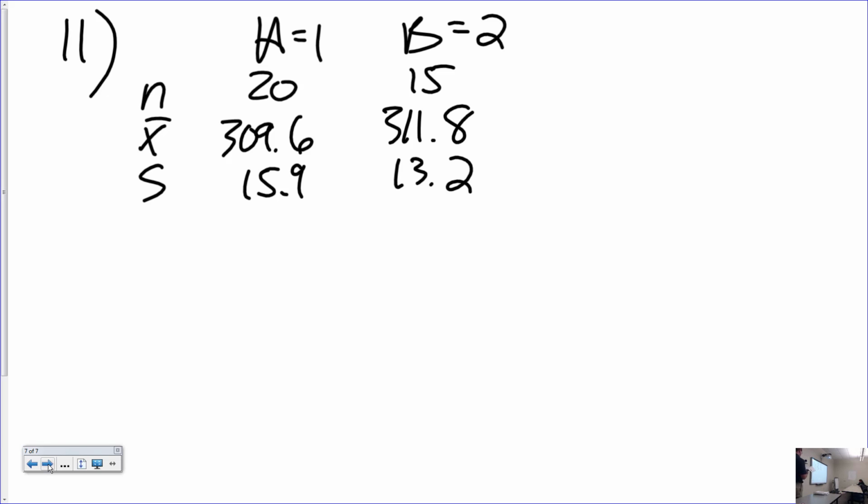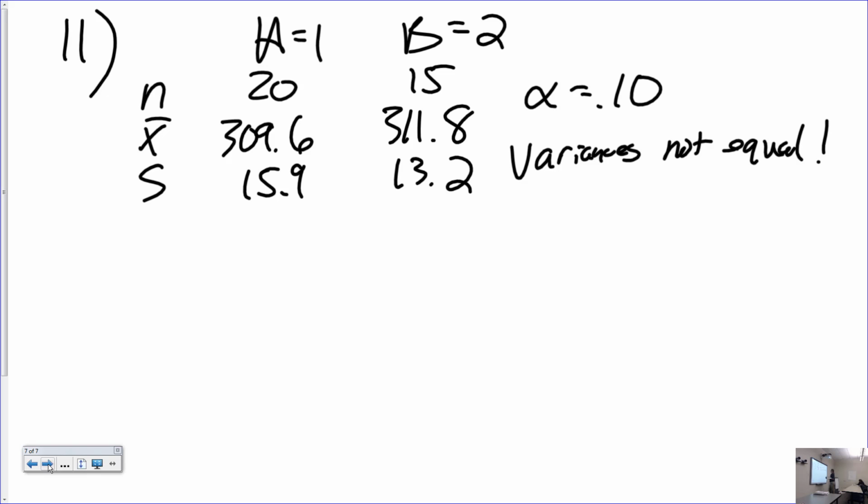And so this chip manufacturer is trying to determine if the mean weight of A is less than the mean weight of B, right? Alpha, we have standard on this one. Yeah. Variances not equal. Said one is less than two, right?